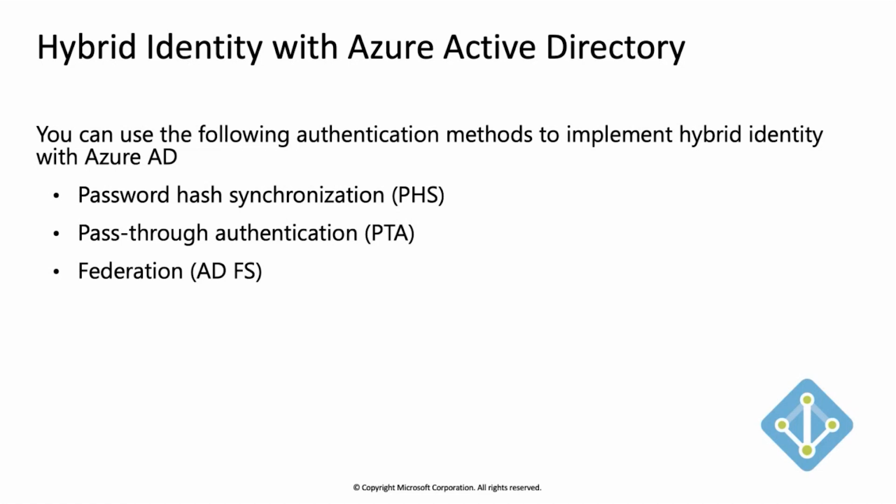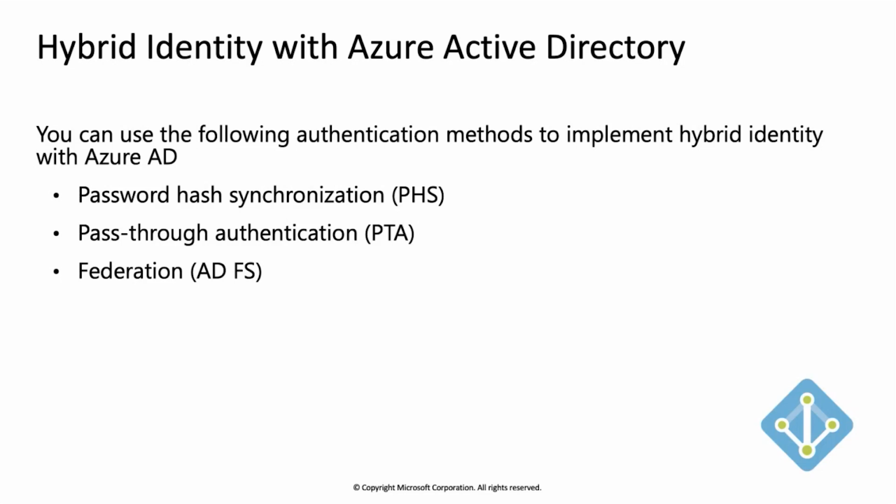On the other side, if I'm looking for a single sign-on solution, pass-through authentication gives it to you. PTA stands for pass-through authentication, in which you are not synchronizing the password hashes. You're just synchronizing the identities with the help of Azure AD. With pass-through authentication, you have an agent on-prem. Which agent? The PTA agent, which acts as a mediator.